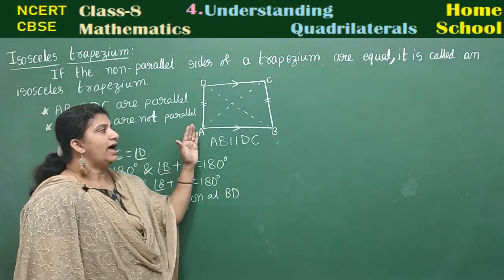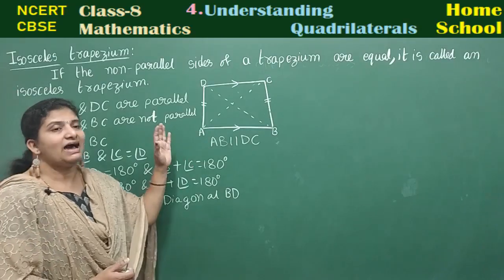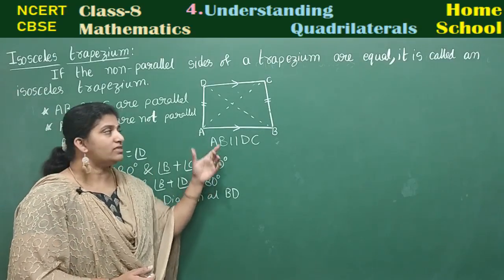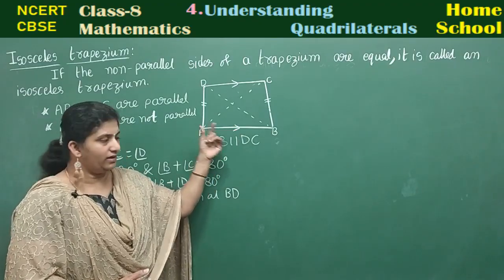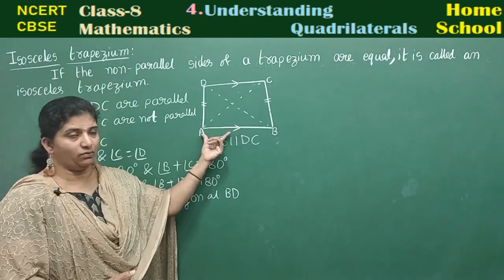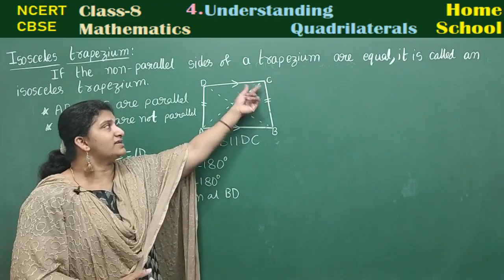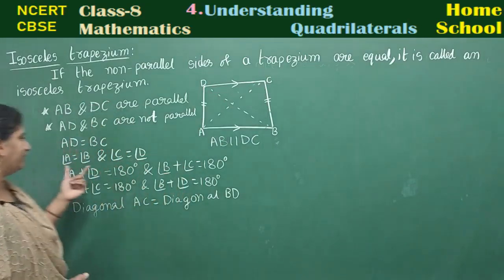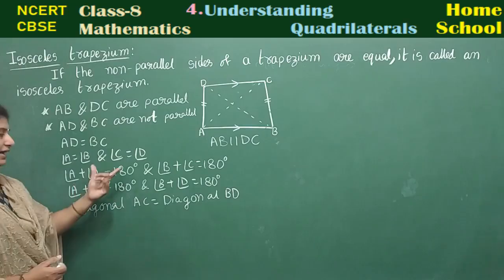The next one, angle A is equal to angle B. In an isosceles trapezium, the angles along the parallel sides will be equal. That means the consecutive angles on the parallel sides will be equal. Angle A is equal to angle B, and angle C is equal to angle D.